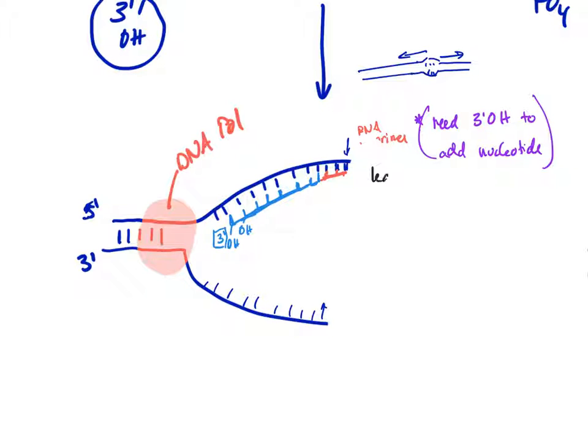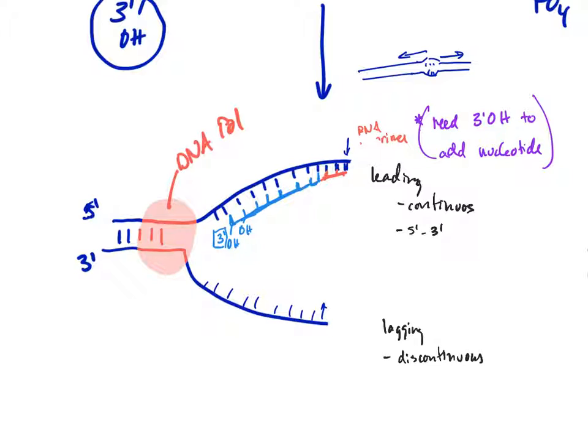This is your leading, and it's going to be continuous, and it's 5 prime to 3 prime, going towards the fork. Now, the other strand is the lagging strand, and it's going to be discontinuous.